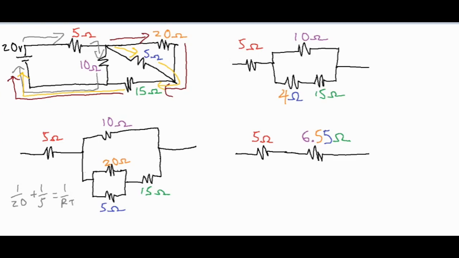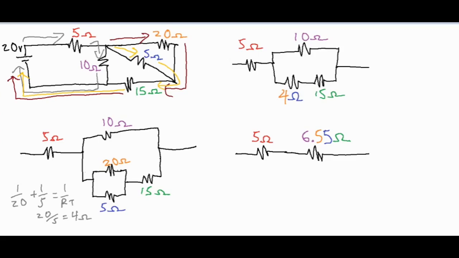When you do that, you basically get 20 over 5, which is 4 ohms. And then eventually we collapse the 20 and 5 down to a single 4 ohm resistor. So the orange and blue one got combined into this 4 ohm resistor, which you can see with the orange and blue included in the picture.